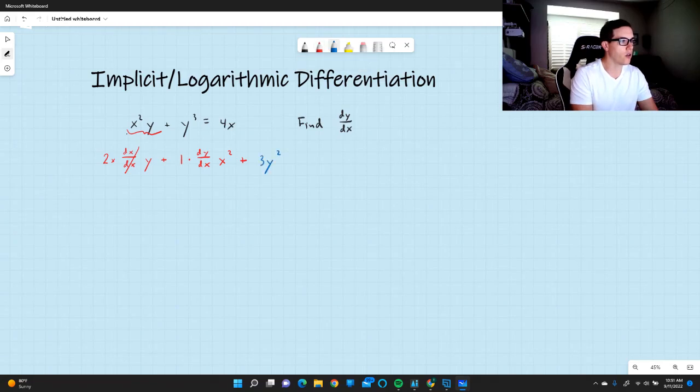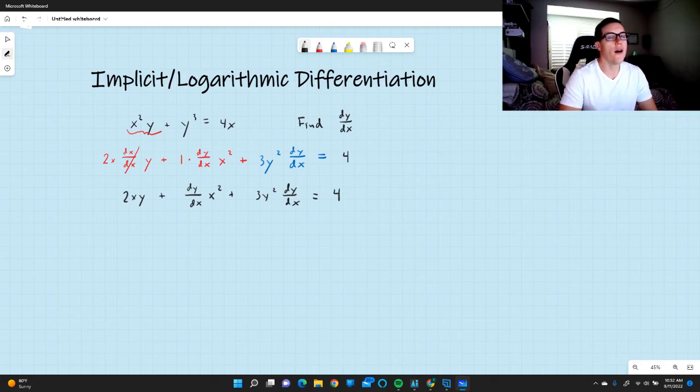And again, we took the derivative of a y term, so we need to include dy dx. Equals the derivative of 4x, which is just 4. We could put dx dx, but we don't need to because dx dx is just 1. So when you simplify, you have 2xy plus dy over dx times x squared plus 3y squared dy over dx equals 4.